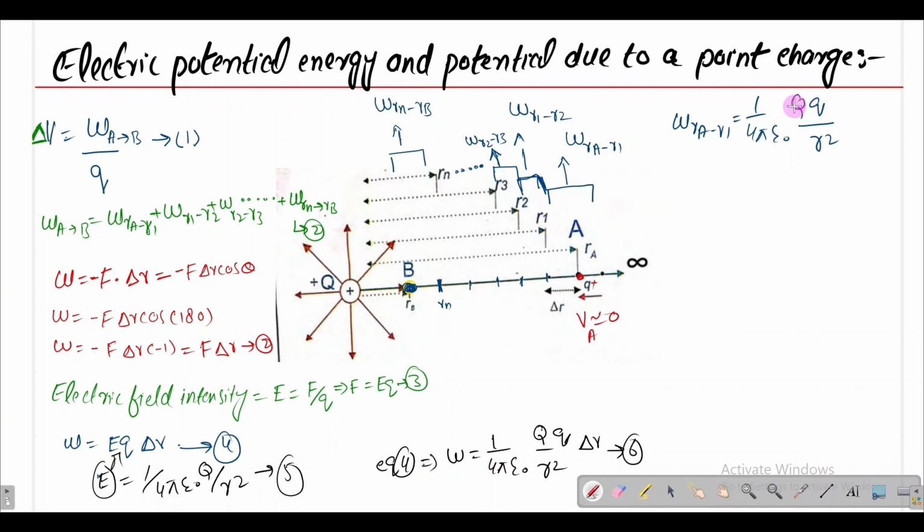This capital Q is the source charge and this small Q is the test charge, multiplied by del R. So this is the equation for the work done from RA to R1.